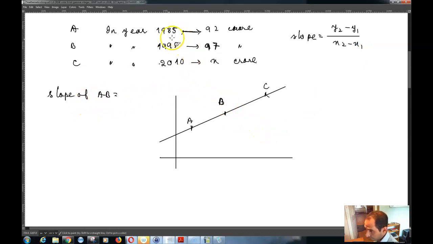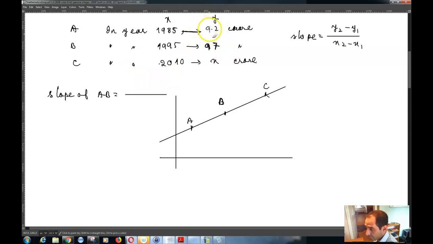So these over here are your x's, these are your y's. So what I can write for AB is, I take this as point 2, this as point 1. So over here I'm looking for y's.